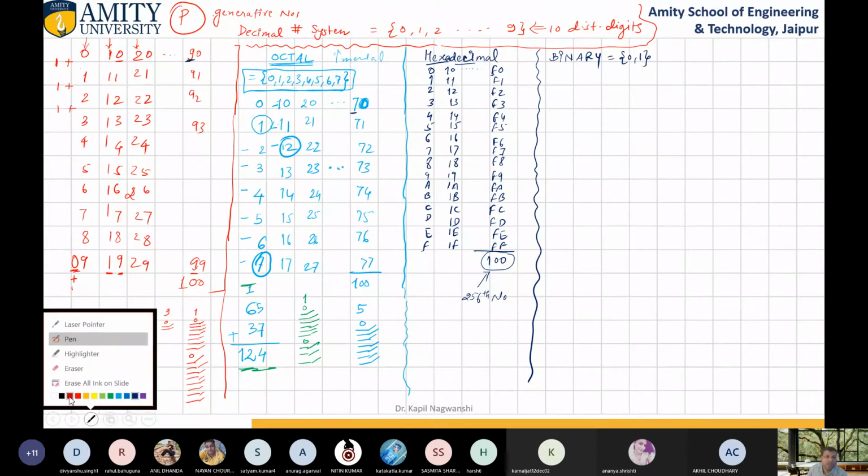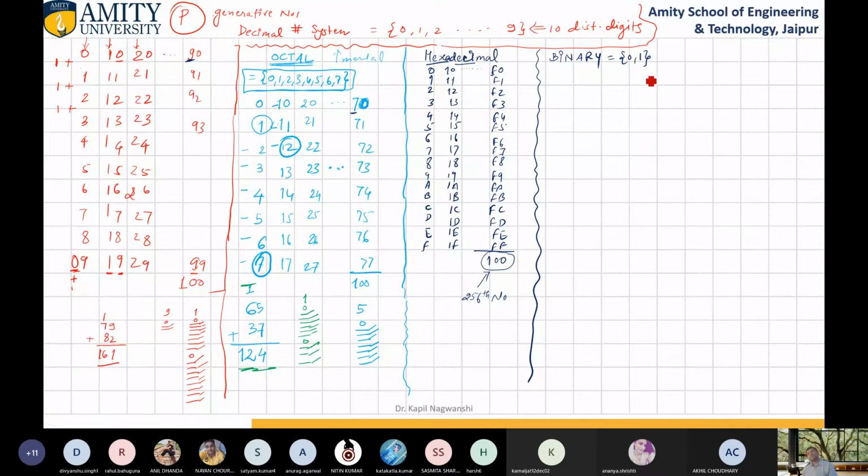Let me pick a red color. In the binary number system, only 0 and 1 are there. Let me start writing from here: 0 and 1. After that, 10 will appear, then 11. After that, 100 will appear.